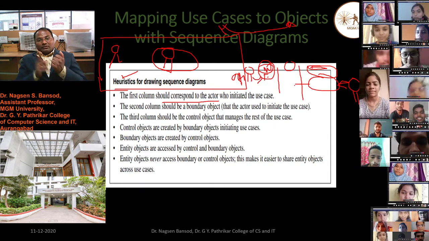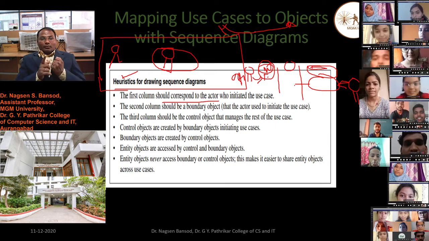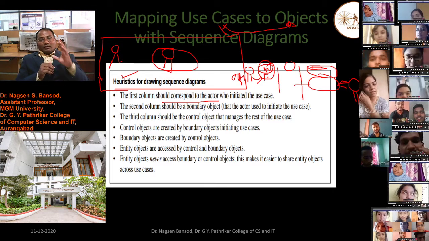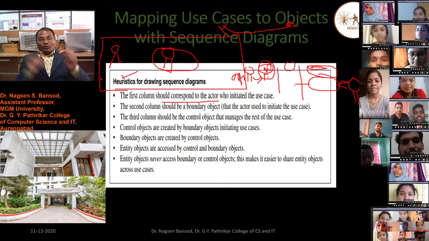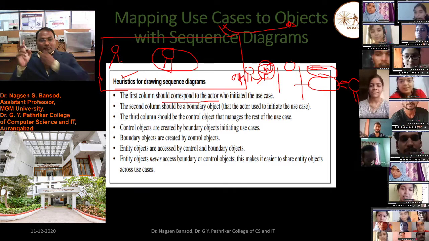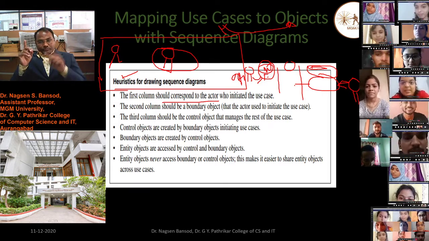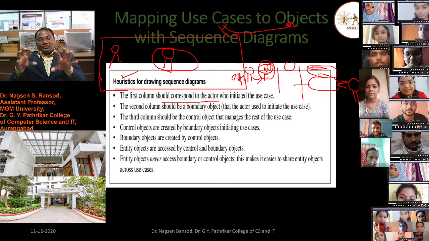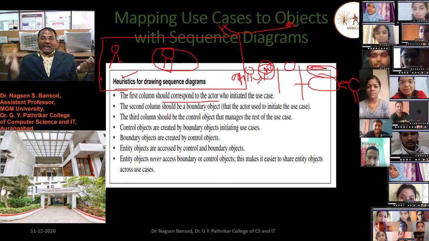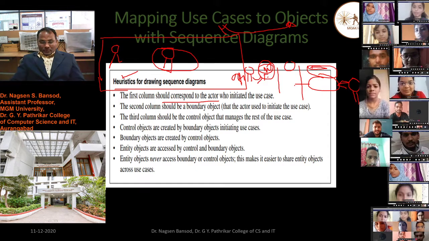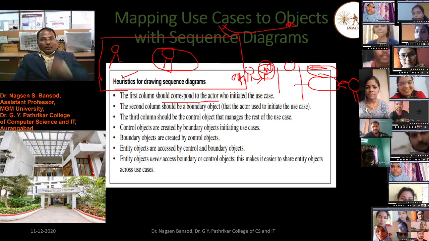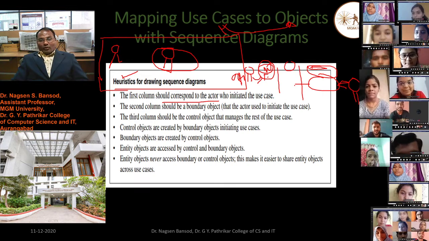Like suppose there is a submit button, and by pressing the submit button some information will be submitted to the dispatcher end. So that control is shared with the field officer as well as the dispatcher. These are the heuristics for mapping the use cases to the objects.